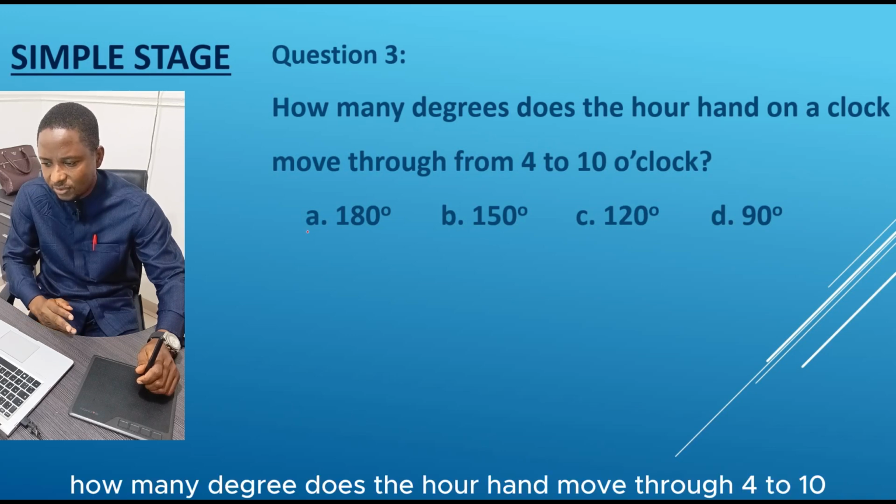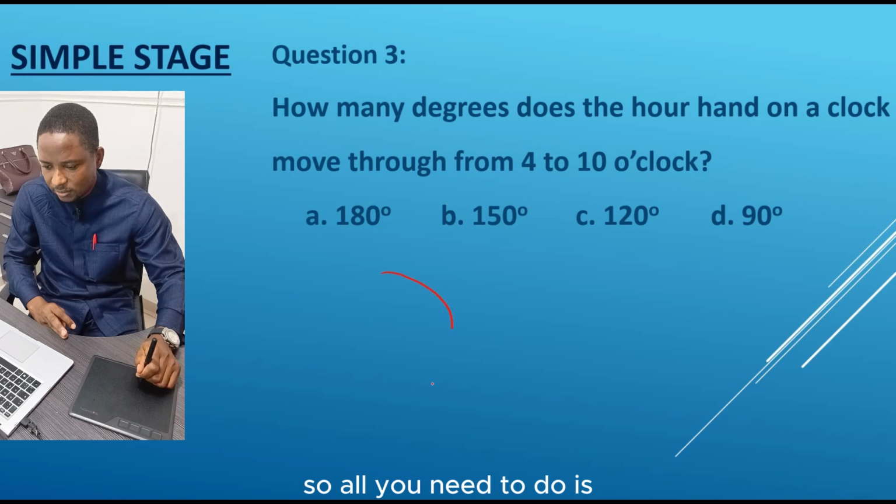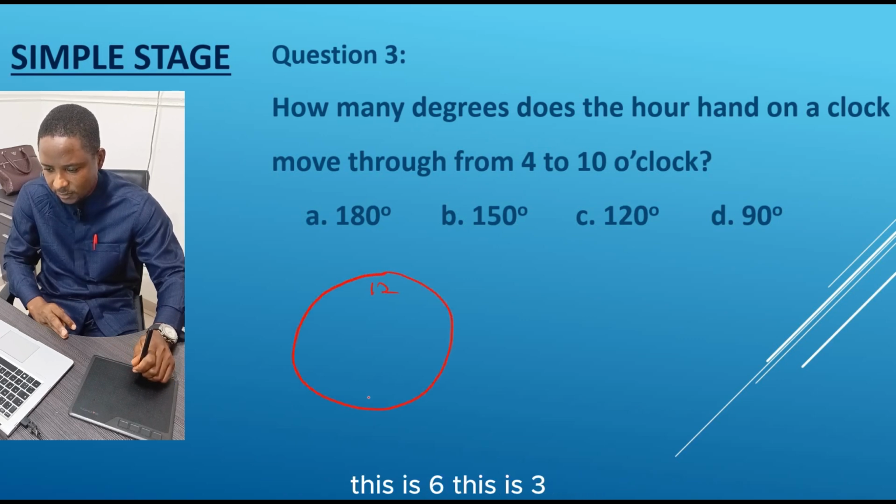Moving on to question 3. How many degrees does the hour hand of a clock move through from 4 to 10? All you need to do is to imagine your clock. This is 12, this is 6, this is 3, this is 9. Fill it up: 1, 2, 4, 5, 7, 8, 10, and 11.